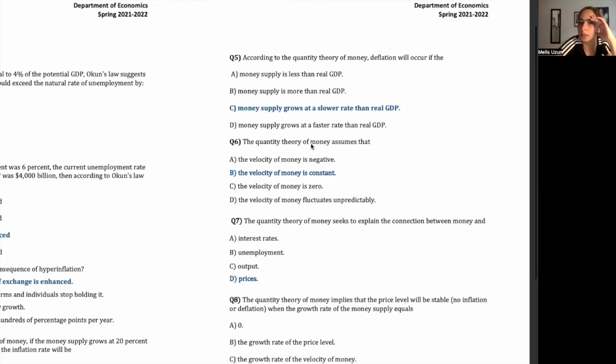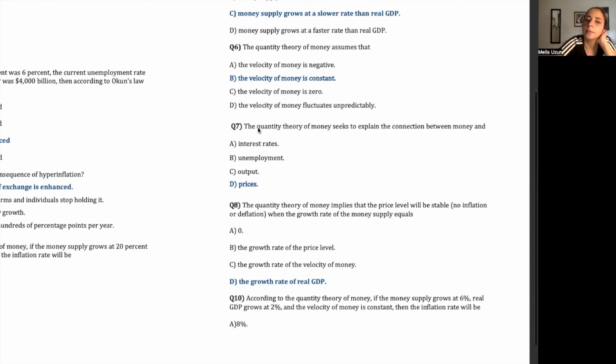The quantity theory of money assumes that the velocity of money is constant. It seeks to explain the connection between money and prices. It implies that the price level will be stable when the growth rate of money supply equals the growth rate of the real GDP.